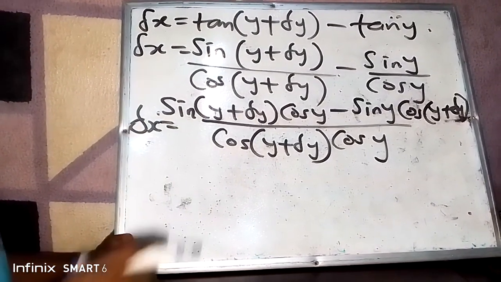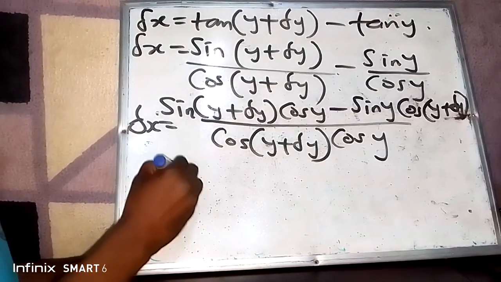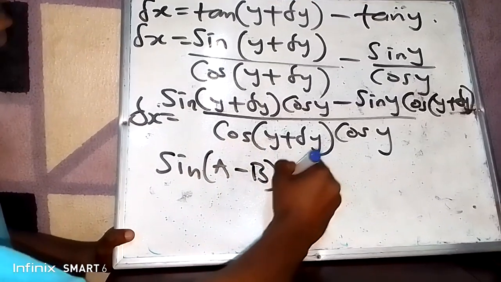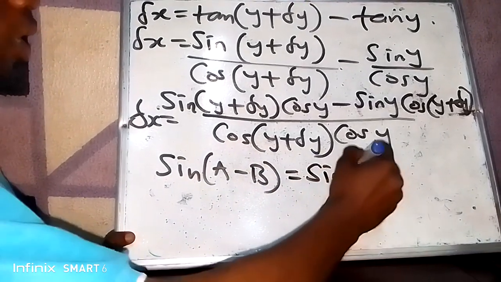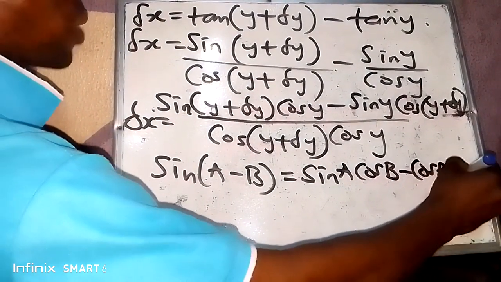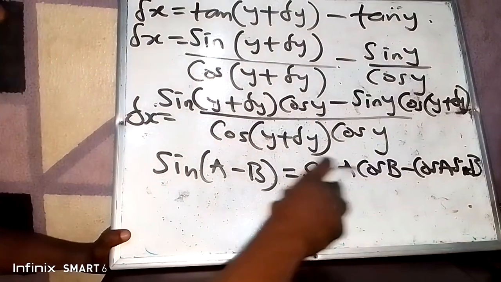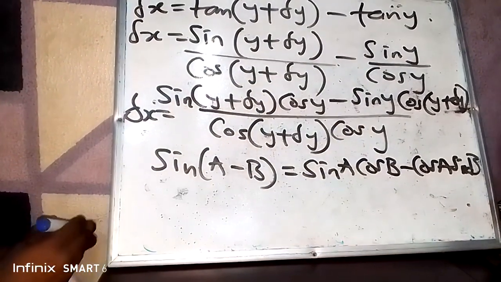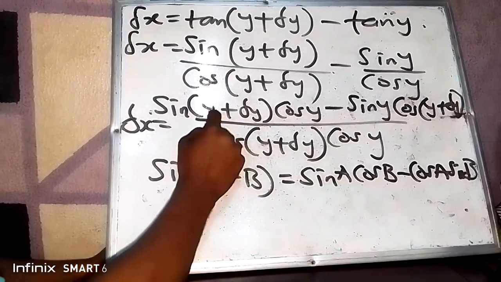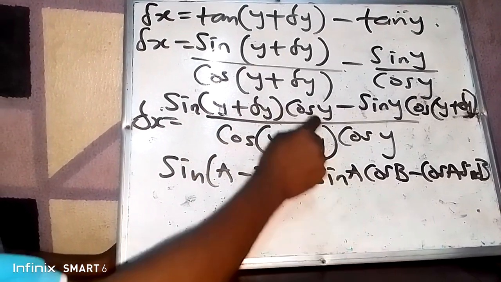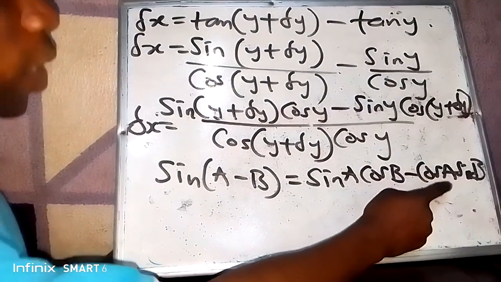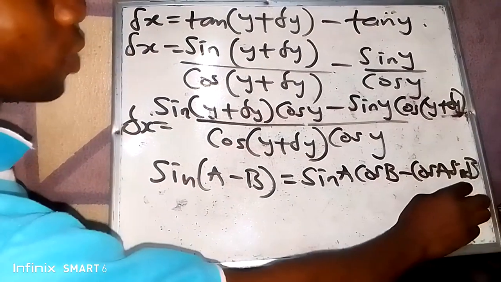If you check very well, don't forget that sine of a minus b gives us sine a cos b minus cos a sine b. That is exactly what we are seeing here. Let me show that I'm saying the truth. Sine a, y plus dy represents our a, cos b represents cos y, minus cos a represents this, and sine b represents this.